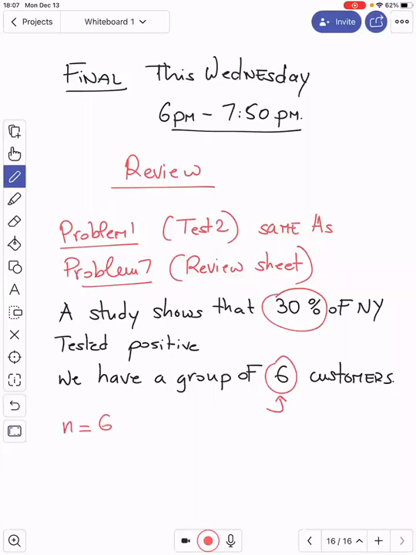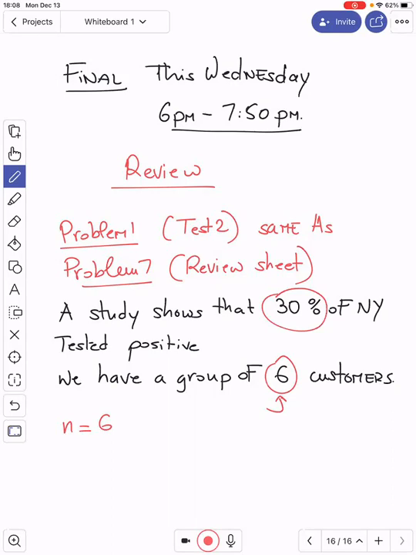Like in problem 7 in the review sheet, we have a random sample of 7 New Yorkers, so 7 is the size of the sample, that's your n.